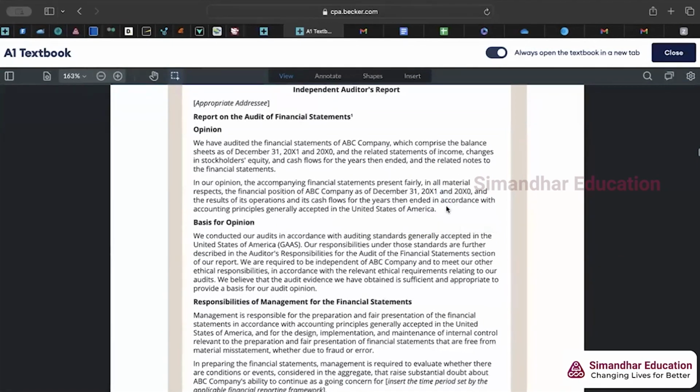So this is the GAAP reference here. In our basis of opinion, we are giving the GAAS reference. So we are going to direct GAAP issues here and GAAS issues here.